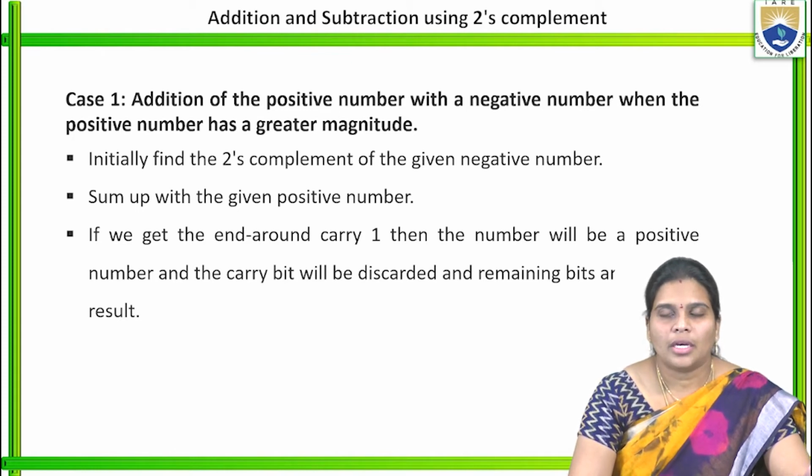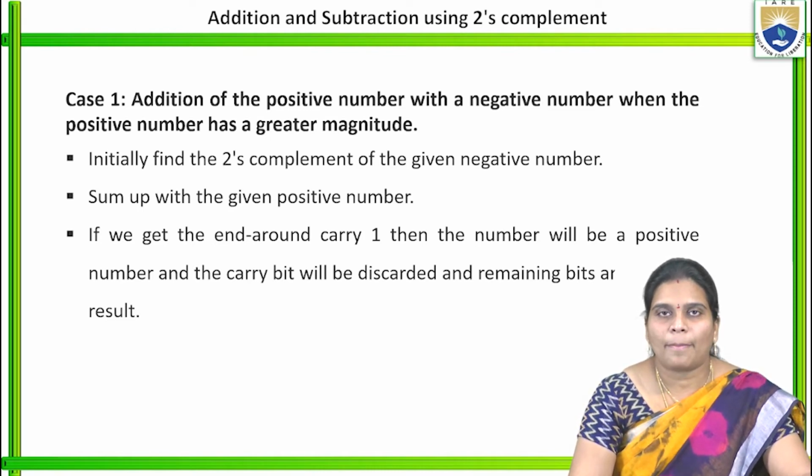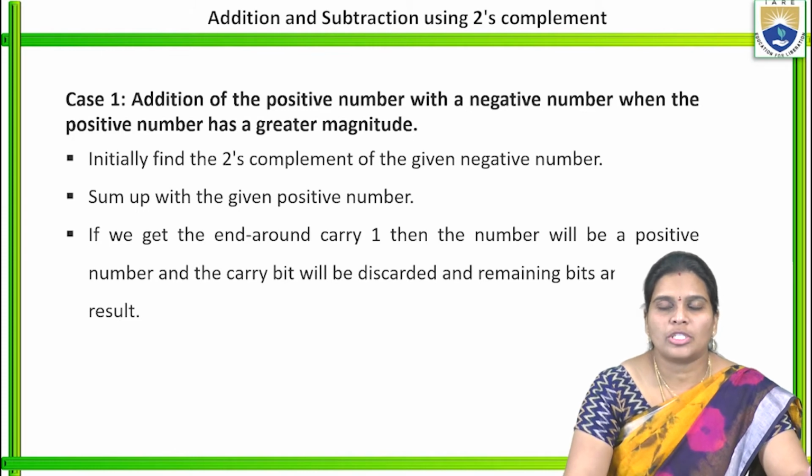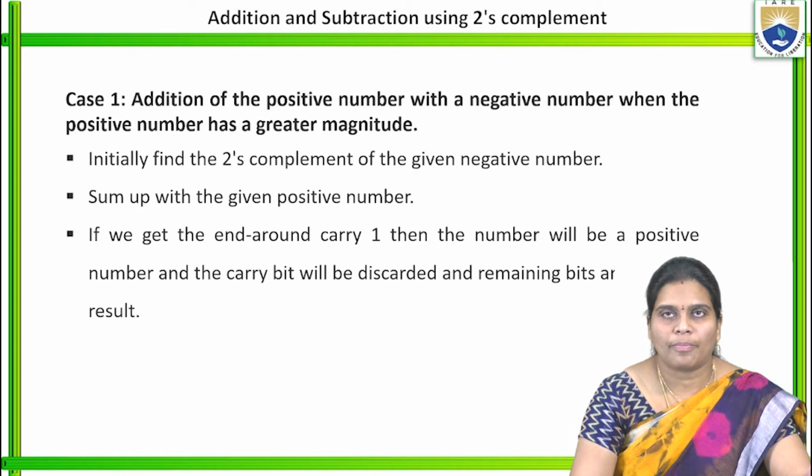Here we apply almost the same procedure as in the ones complement. Initially, apply the twos complement of that particular number. In the second step, add the two bits, that is, the positive number plus the twos complement of the negative number.